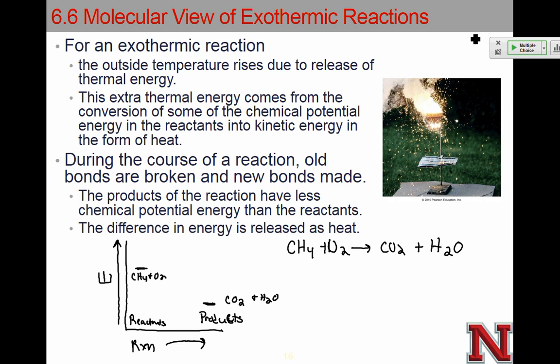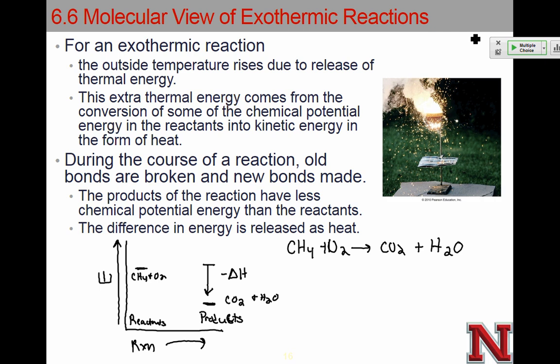In an exothermic reaction, our products are lower in energy than our reactants, so our delta H is negative. So when it releases, if the potential energy of our products is lower than our reactants, then we lose that energy, and delta H is negative.